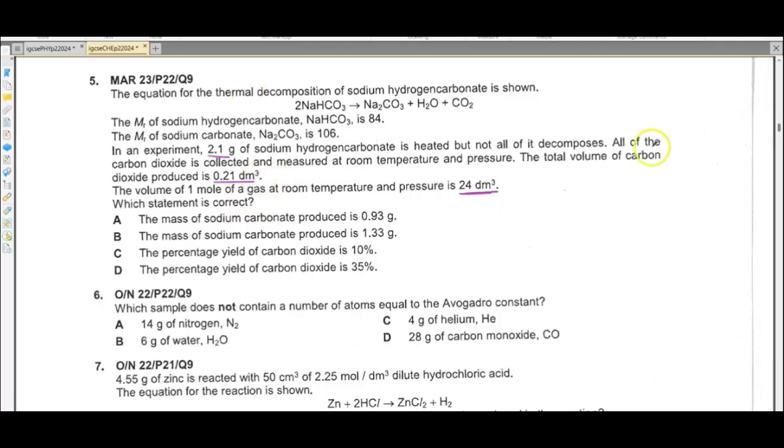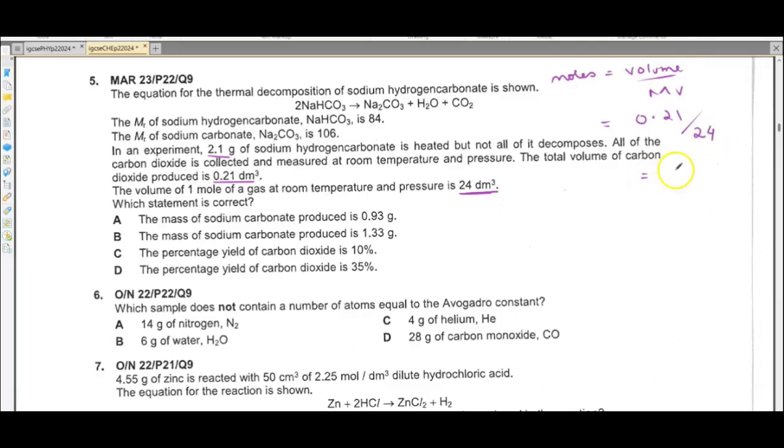using this. So for this purpose, you know that we use the formula moles is equal to volume of the substance by molar volume. So volume over here is 0.21 decimeter cubes, and obviously the molar volume we are also going to use 24 decimeter cubes.